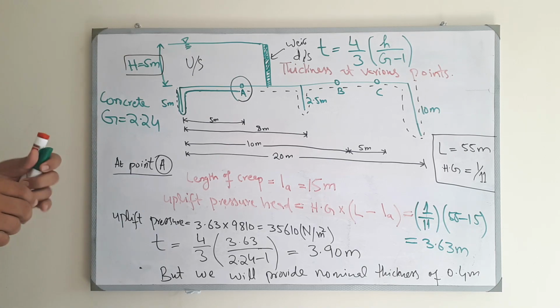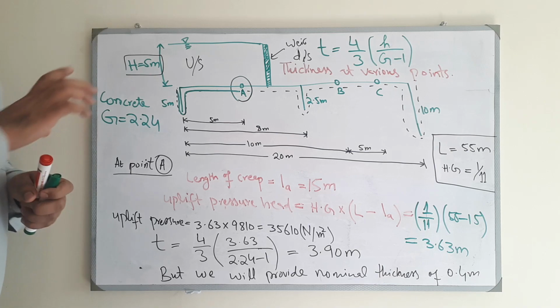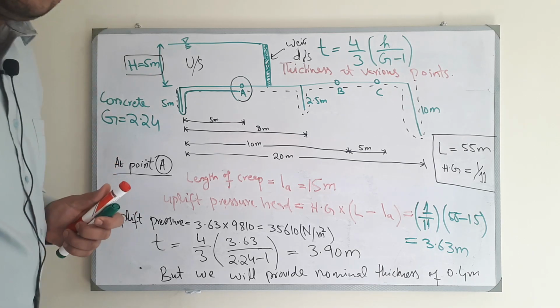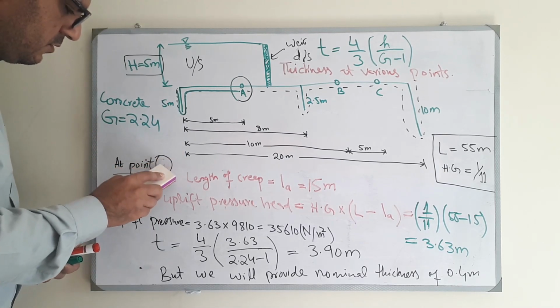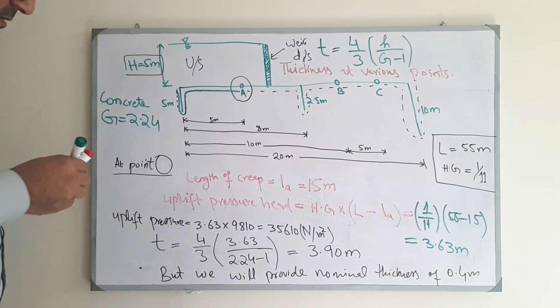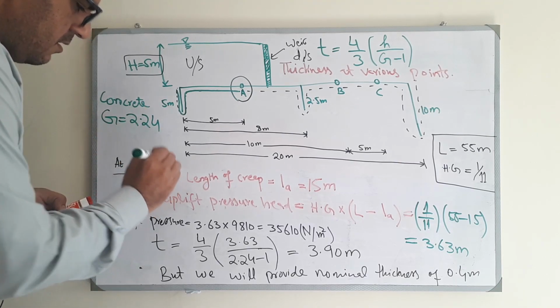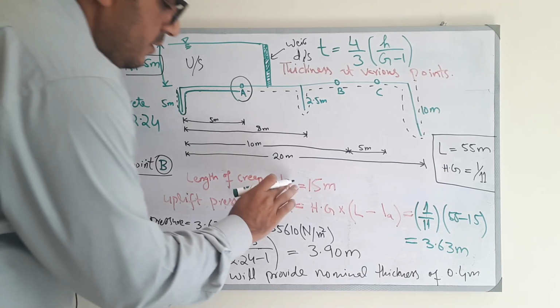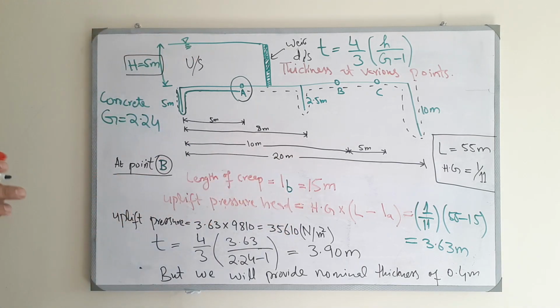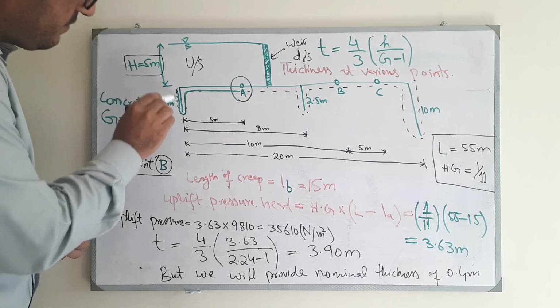So now, let's find the thickness of the floor at point B. So we go to point B. What should be the creep length up to point B? You can see 5.